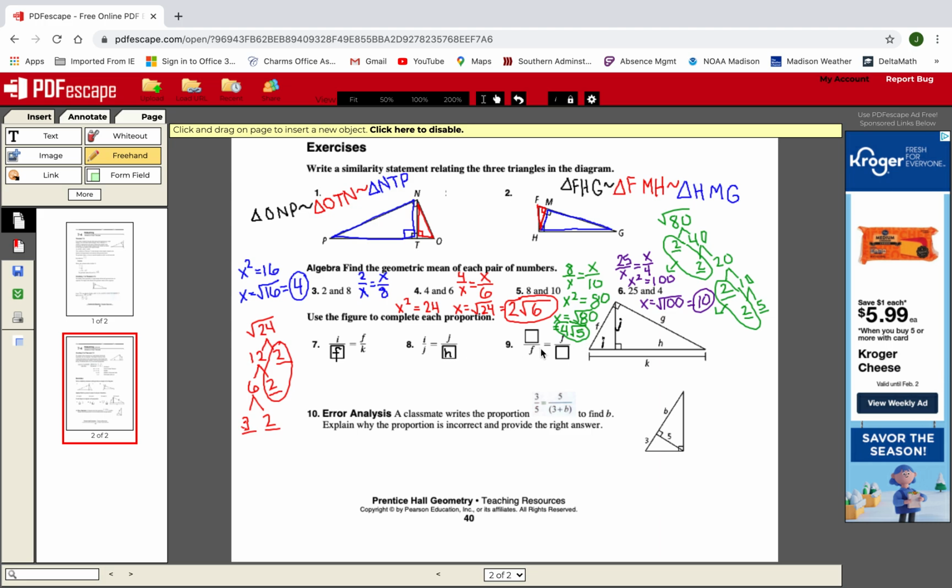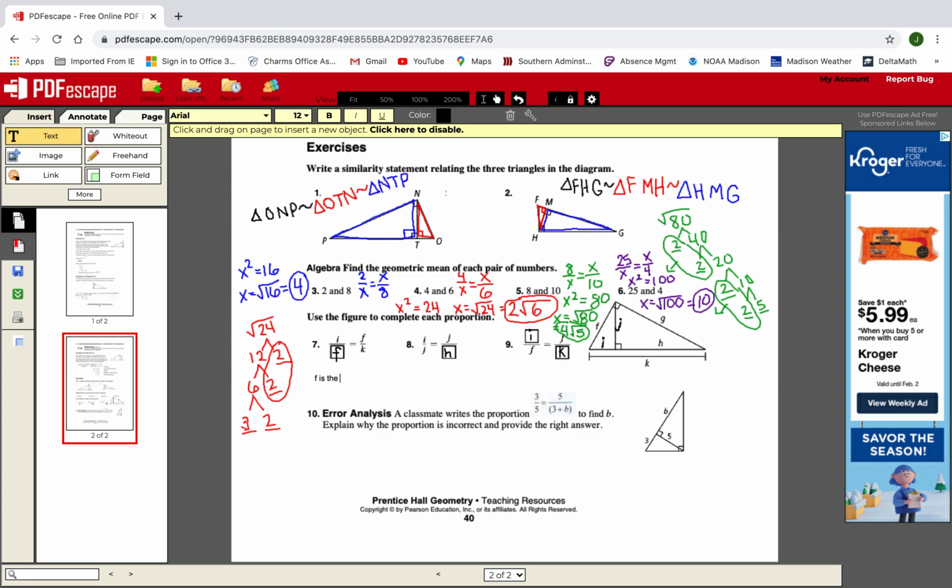Okay. And then on 9, this is showing F again. F is the geometric mean between, and this is the same as number 7. F is the geometric mean between I and K. Okay. All right. So I'm going to type that out a little bit just so that you understand what these things are saying. Hopefully this will help.